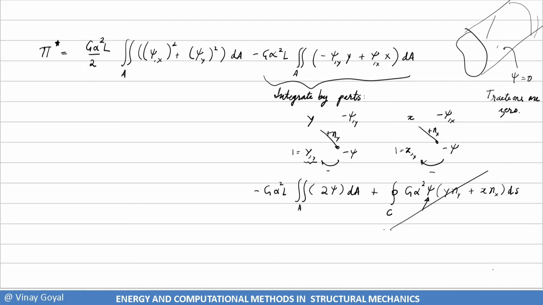I get pi star, and now I get something simpler as G alpha squared L divided by 2, double integral over the area of C comma x squared plus C comma y squared, and I have minus 4 times C, because I put a 1/2 there, that's why.